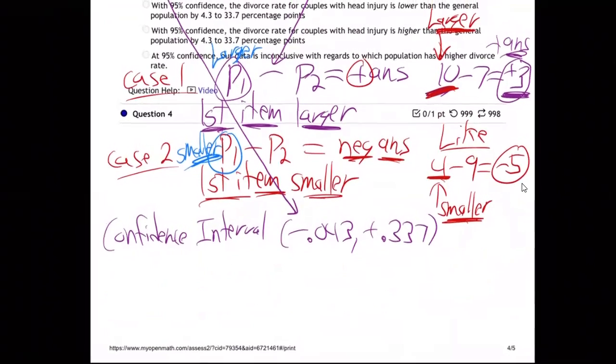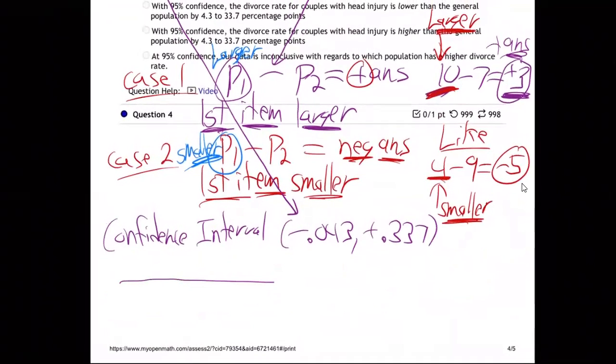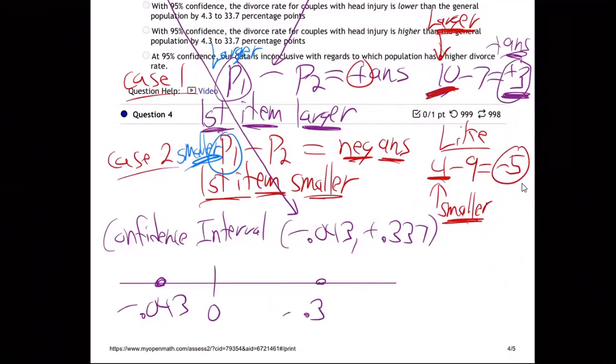If I was to make a number line here, track with me, this is important, guys. Here is negative 0.043. Here's 0, and here's positive 0.337. We're saying the interval goes from there to there, from negative 0.043 to positive 0.337.